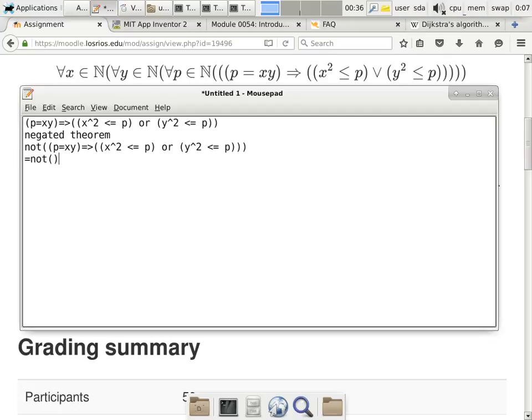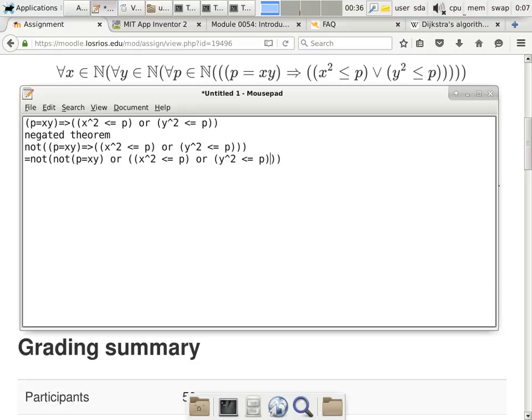I keep the negation on the outside, but on the inside, I negate it and go like not the case p equals xy, or, and then the entire second part. The entire second part goes from here to here, and I just copy and paste it like that. Are there any questions about what I just did?